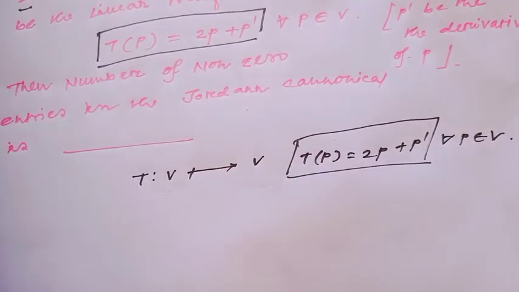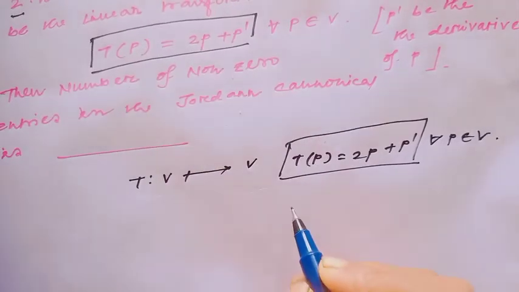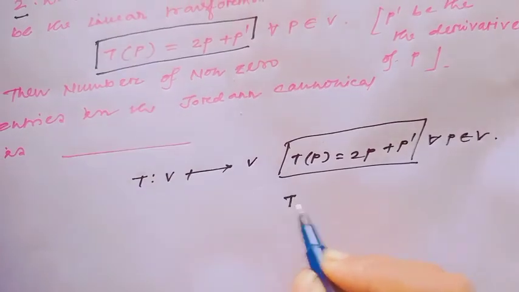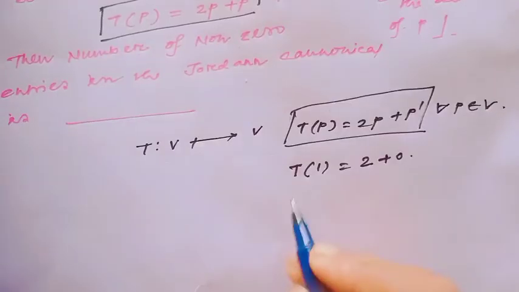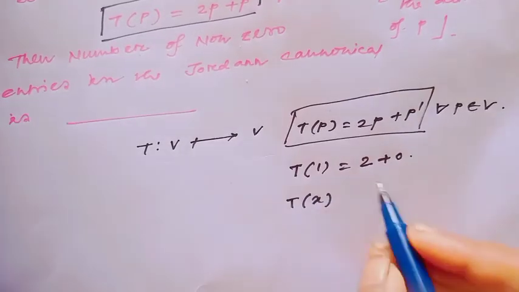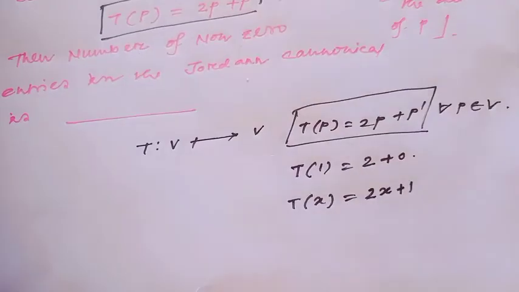Here the basis is not indicated, so consider the standard basis. Then T of 1 would be 2 plus 0. T of x would be 2x plus 1.